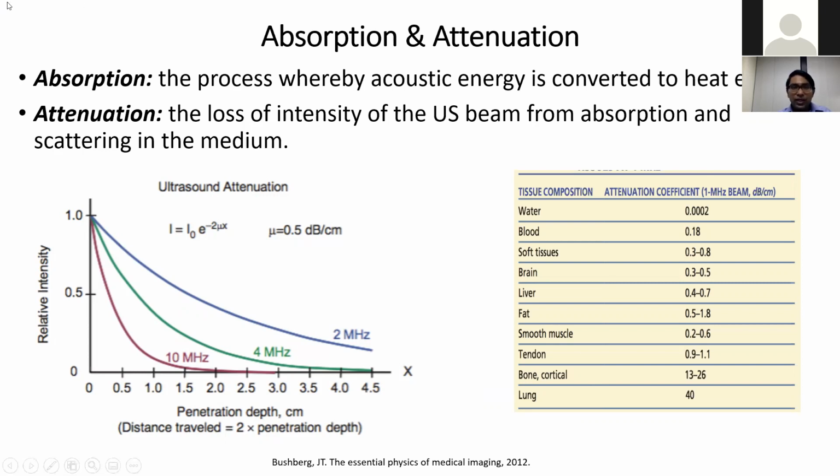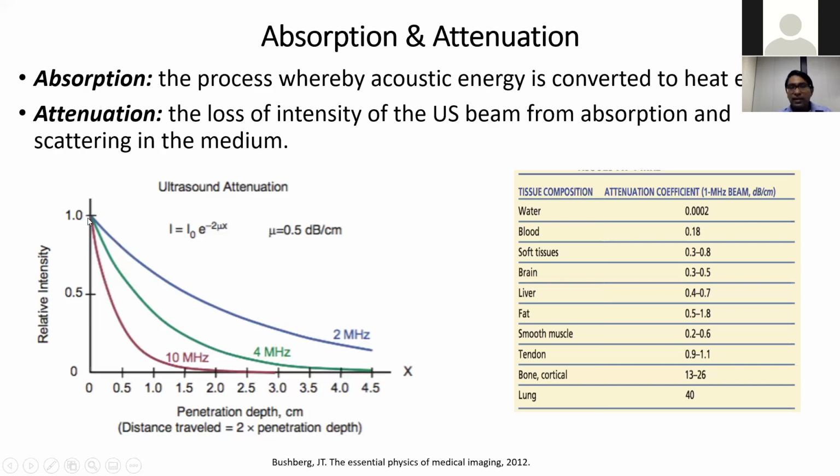Attenuation is defined as the loss of intensity of the ultrasound beam from both absorption and scattering in the medium. So attenuation is a broader term than absorption. It includes absorption and even the intensity lost due to scattering, or the energy that is being sent back. If you look at this figure, it shows on the x-axis the penetration depth, and the relative intensity, which has been normalized for purposes of visualizing.